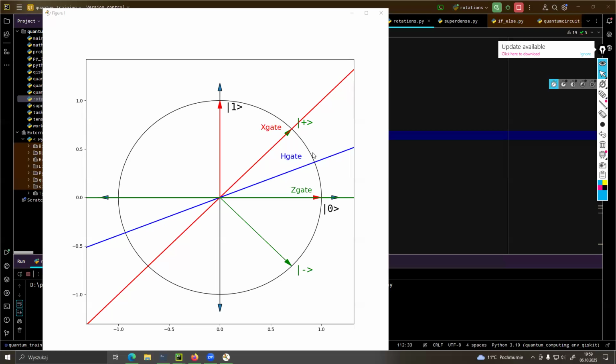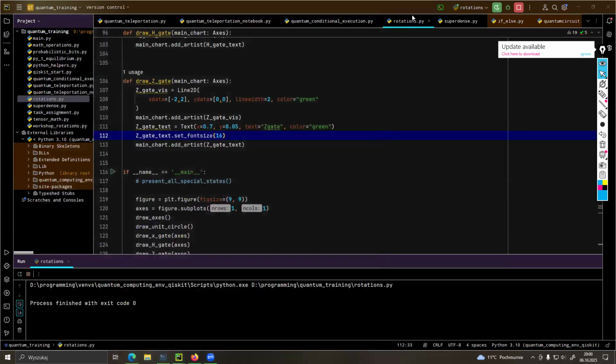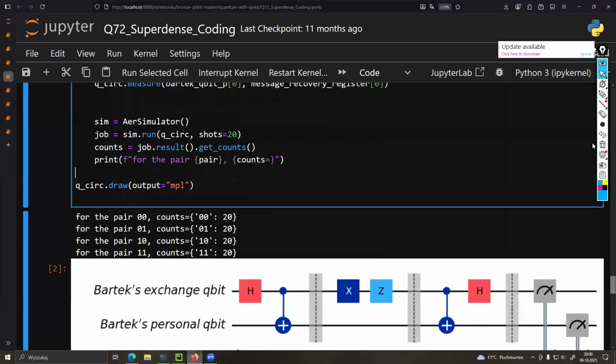So here I could just go to plus, then reflect from Z gate into negative, minus. And these two qubits that I have can be used to decode most of the information, all of the information, in fact.